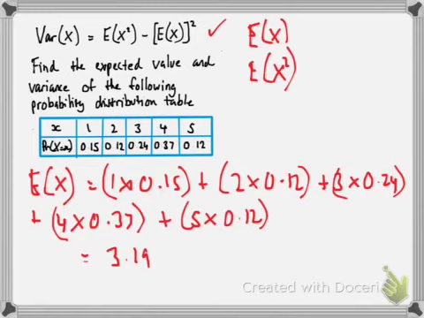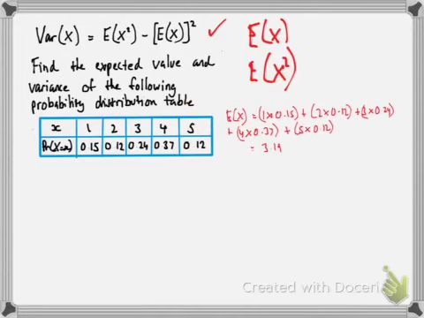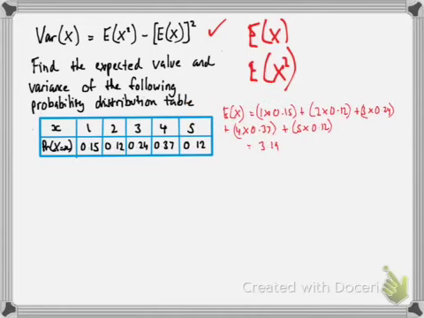Okay, so that's E(X), and we'll just put that up here a little bit, out of the way. So we've calculated E(X). Now let's look at E(X squared). We haven't done this much so far, but here what we do this time, instead of multiplying x by the probabilities, we multiply the square of the x's by the probabilities.